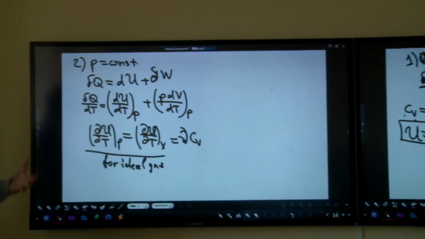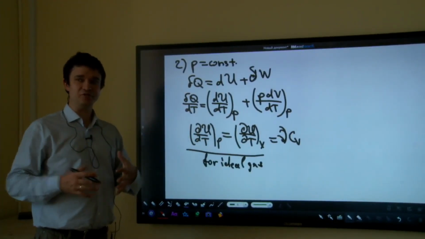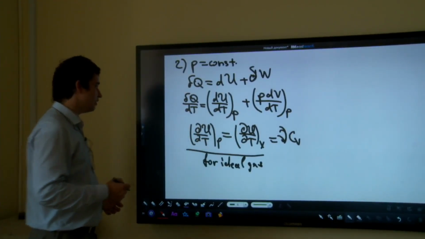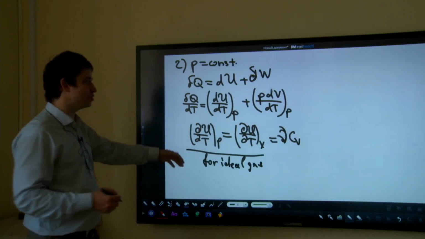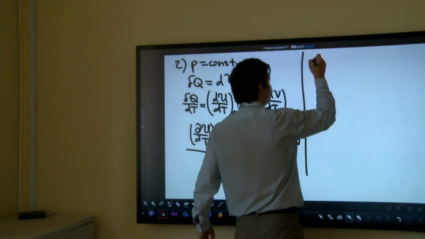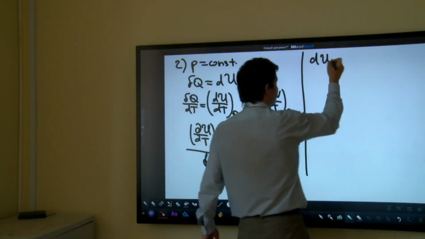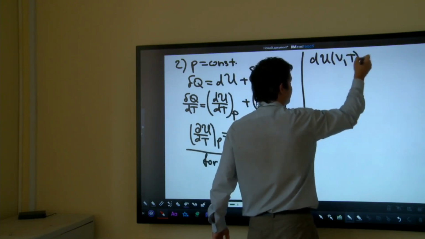But in the more general case, if I have internal energy which is dependent on volume, then I need to go somewhat further. So if I have not an ideal gas, but something different, then let's say that U is a function of volume and temperature in general.